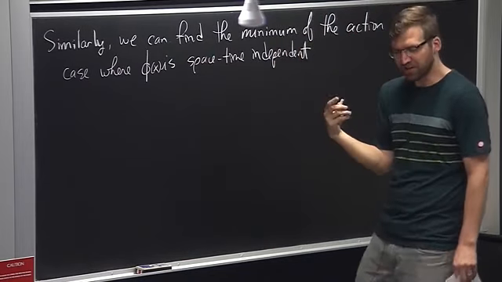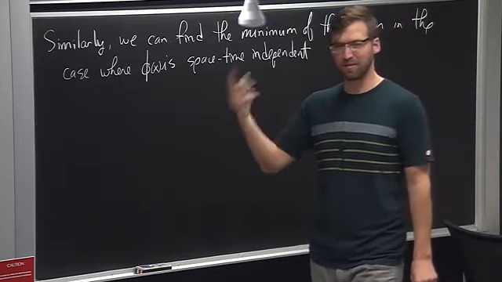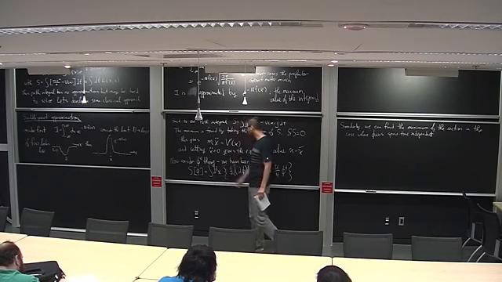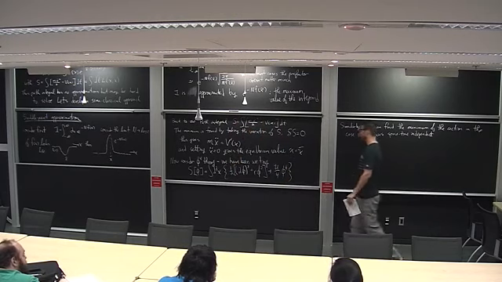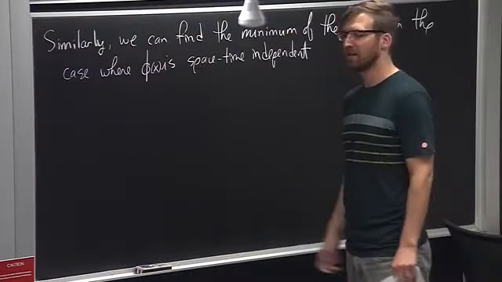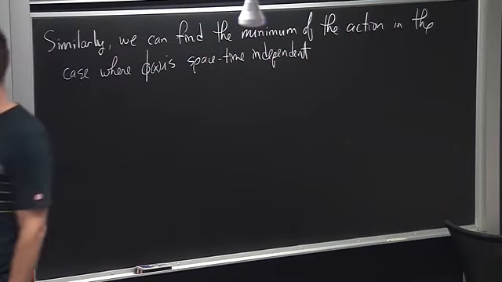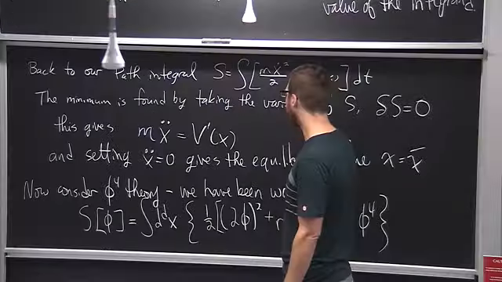Phi is a function of your d+1 coordinate system, or what I'm calling small d, and it can vary everywhere within that higher dimensional space.